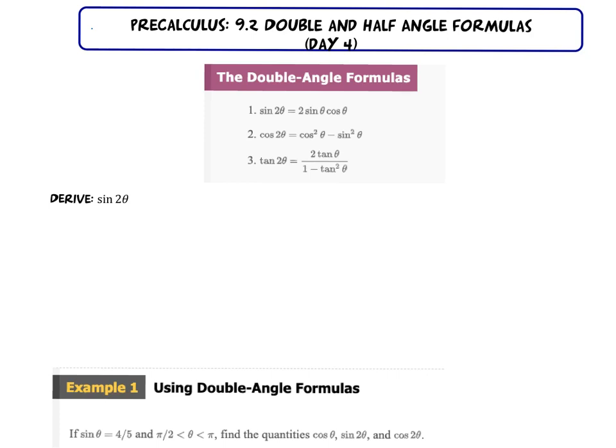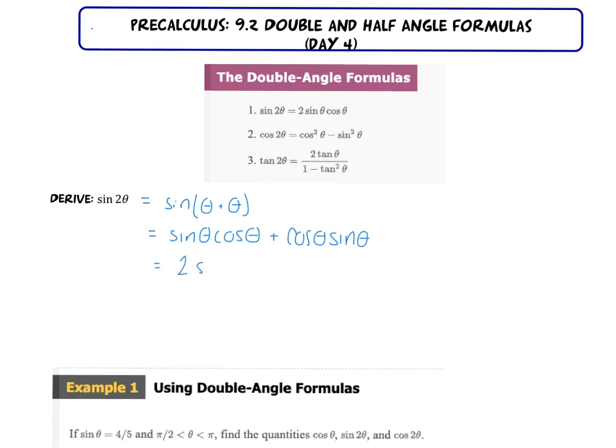For example, if I want to derive sine of 2 theta, that would be the same thing as sine theta plus theta. So really, it's the addition formula for sine. Well, I know that addition formula is sine of the first angle, cosine of the second angle, plus cosine of the first angle, sine of the second angle, which as you can tell, they are the same thing.